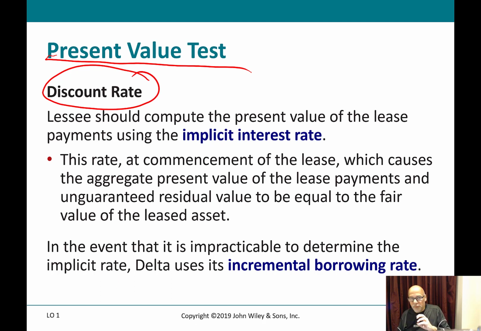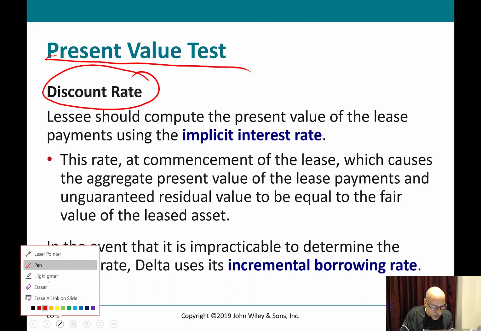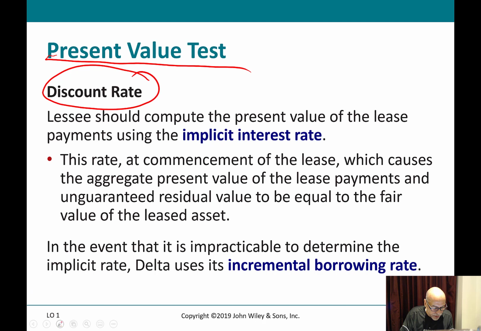It is possible, sometimes the way they write up these leasing agreements, it's difficult to ascertain what the rate is that's implicit in the lease. And if that's the case, then the lessee is going to use whatever their incremental borrowing rate is. So they'd have to look to their own rate and determine what their borrowing rate is, and that's the rate they would use for the discount rate.